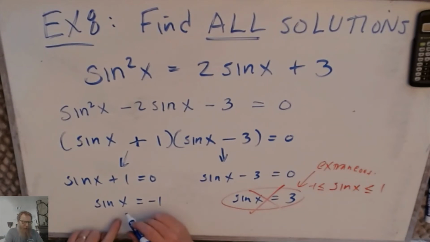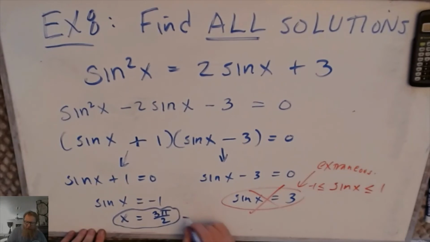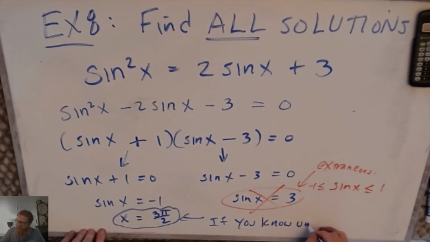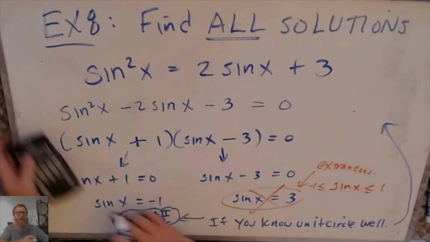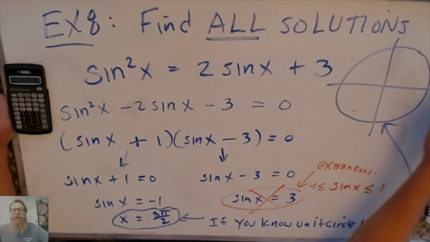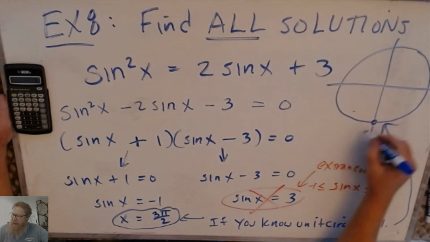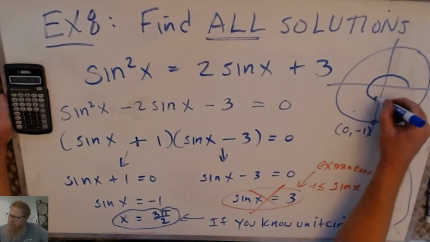Okay. So where is sine x equal to negative 1? That would be 3 pi over 2, if you know the unit circle very well. If you don't, then draw a circle and find the y value that's negative 1. Remember, x is the angle.